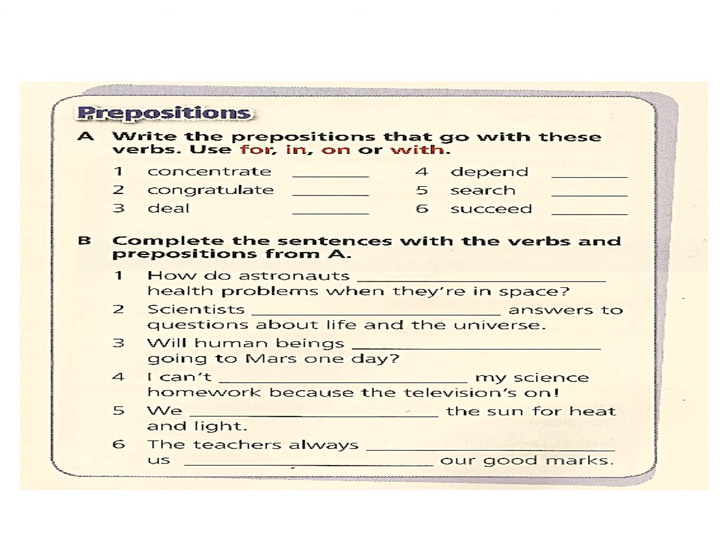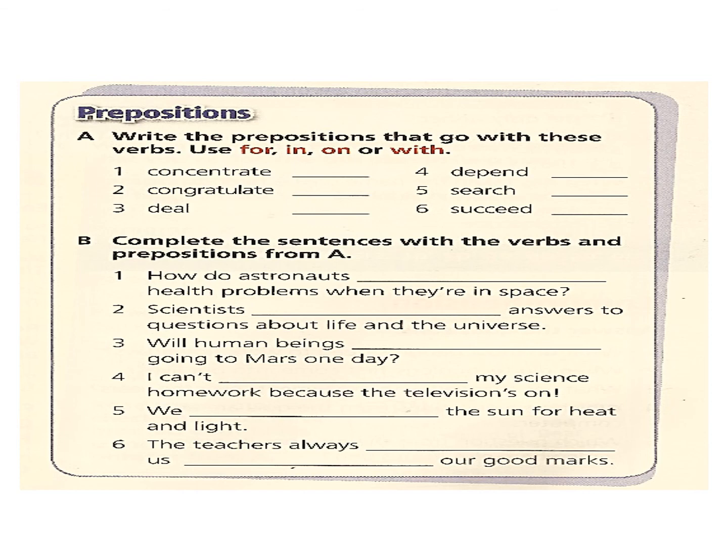Great. B. Complete the sentences with the verbs and prepositions from A. 1. How do astronauts health problems when they're in space? How do astronauts deal with problems? Excellent. 2. Scientists answers to questions about life and the universe. Scientists search for answers. You search for answers.